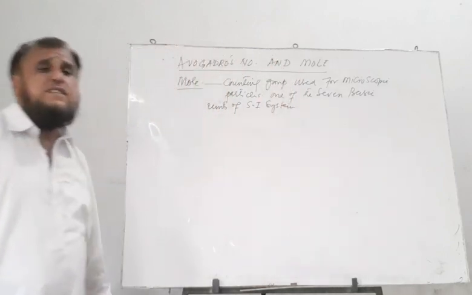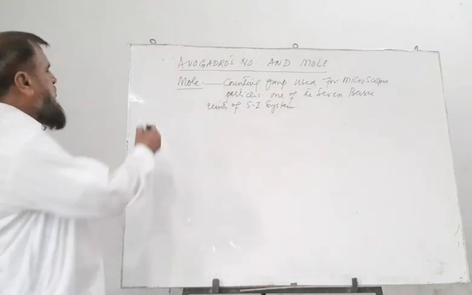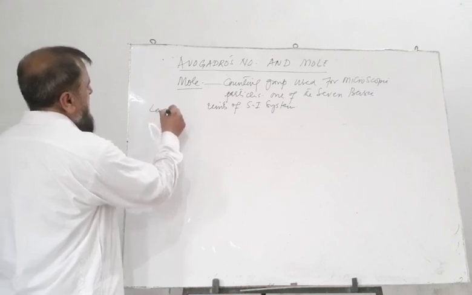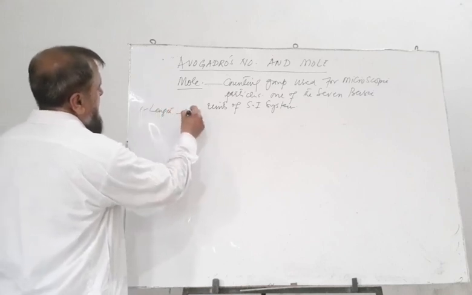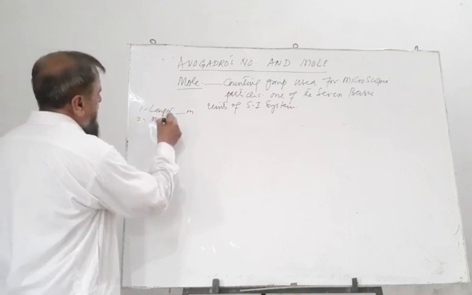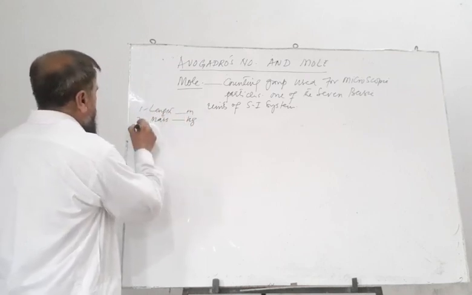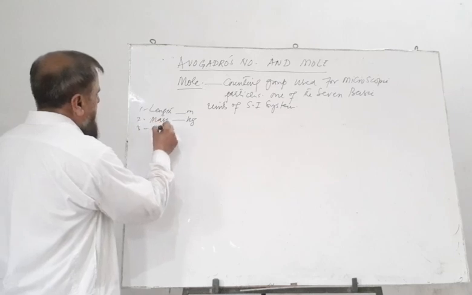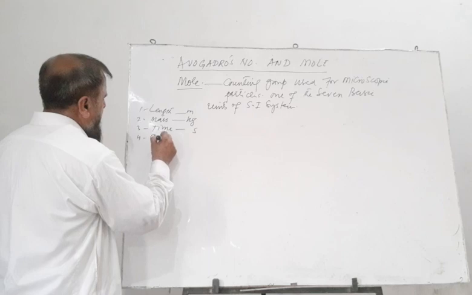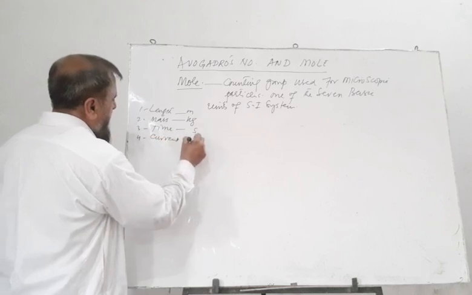There are 7 units in the System International. First is the unit of length, which is meter. The unit of mass is kilogram. The unit of time is second. Fourth is the unit of current, ampere.